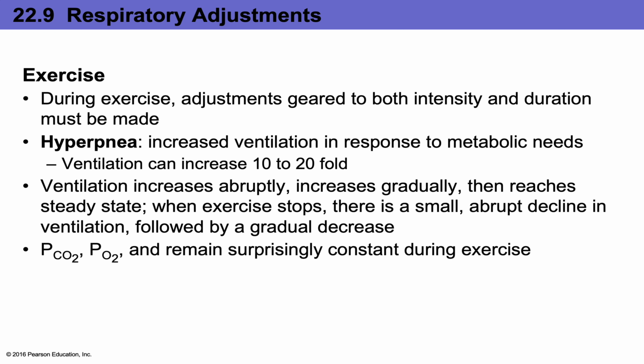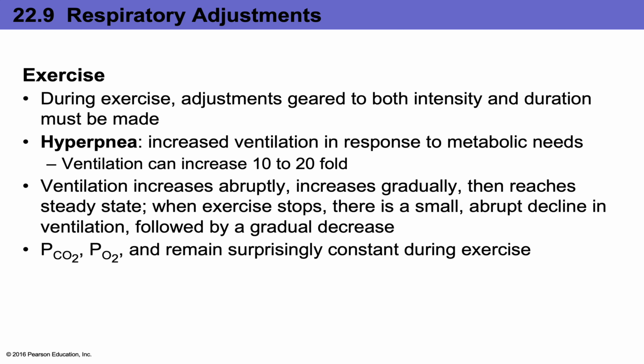As exercise begins, ventilation increases abruptly, followed by a gradual increase, and then reaches a steady state. When exercise stops, there's a small but abrupt decline in the ventilation rate, followed by a gradual decrease to the pre-exercise value. Although venous levels change, arterial carbon dioxide and oxygen levels remain surprisingly constant during exercise.